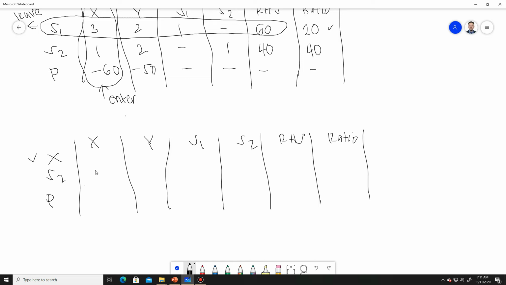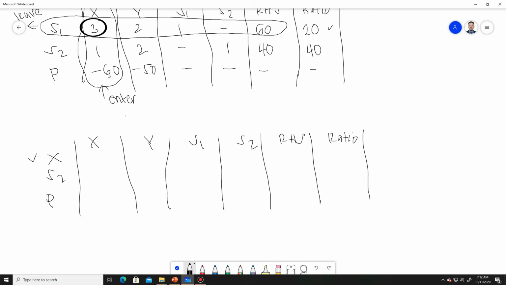And then for the formula to develop the X row, we refer to the previous table. And then we get the pivot element. The pivot element is the intersection of the entering and the leaving. So, their intersection is 3, which is the pivot element. Okay, so we have obtained the pivot element.